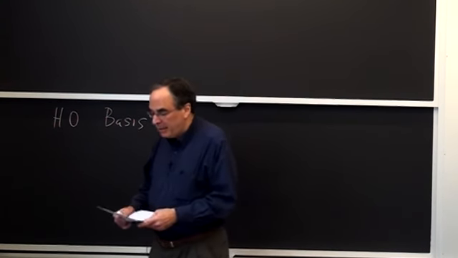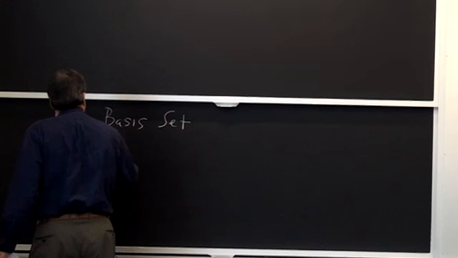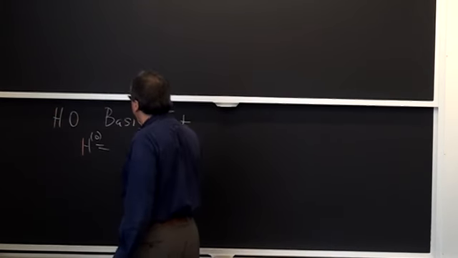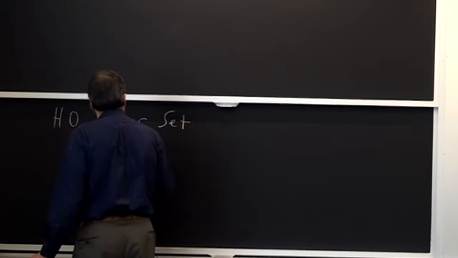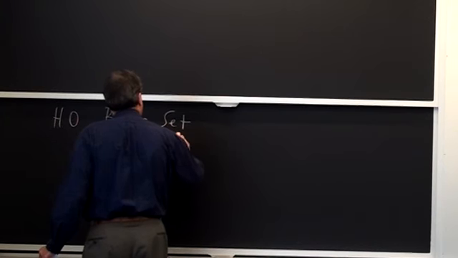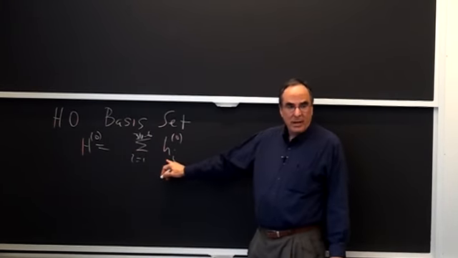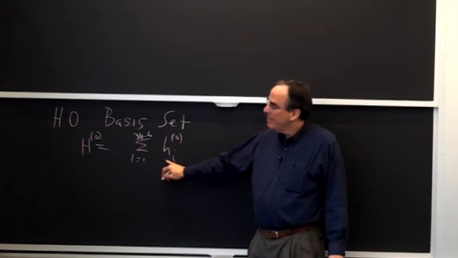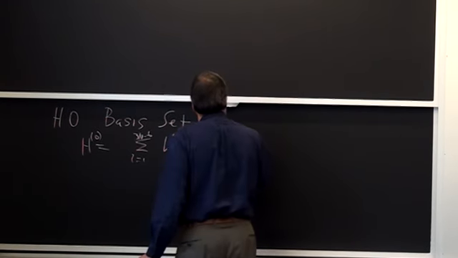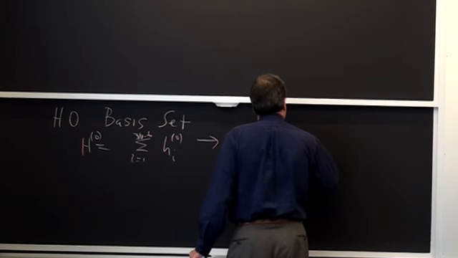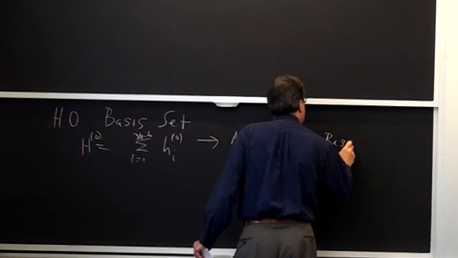And that means that the zero order Hamiltonian can be written as a sum, i equals 1 to 3n minus 6, of zero order individual oscillator Hamiltonians. And this provides a normal mode basis set.